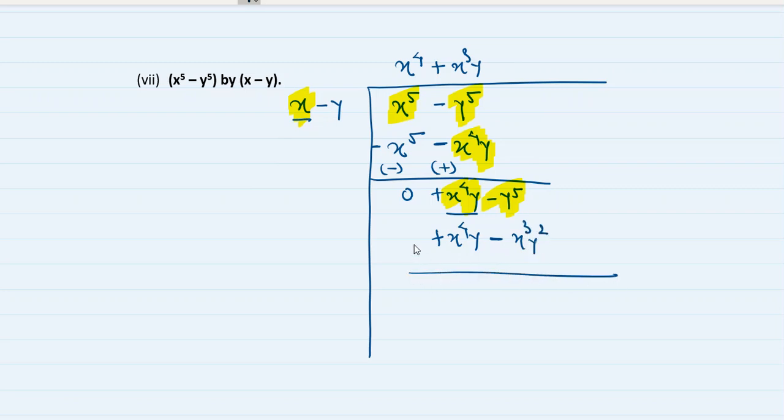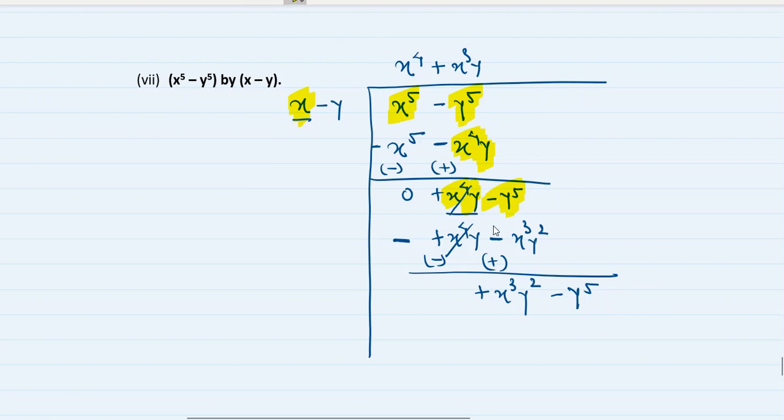Then you draw a line over here, change the signs, put a subtraction sign here, change the signs. Okay, so here this will get cut and this will become plus x cube y square minus y raised to 5. You see that minus y raised to 5 is following us. Let it follow, no problem.